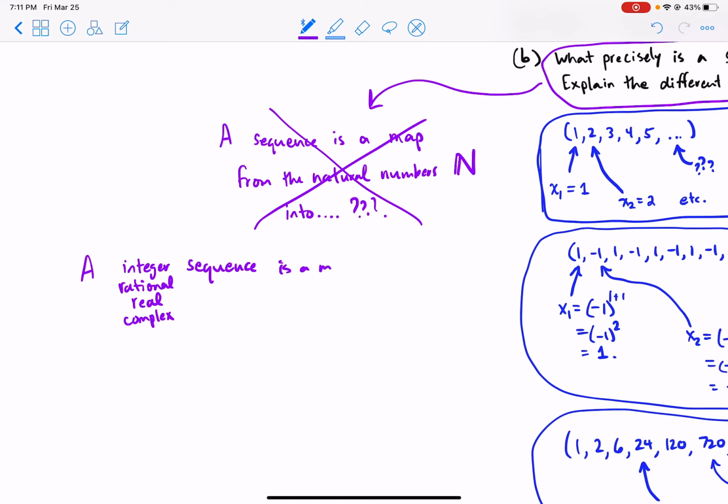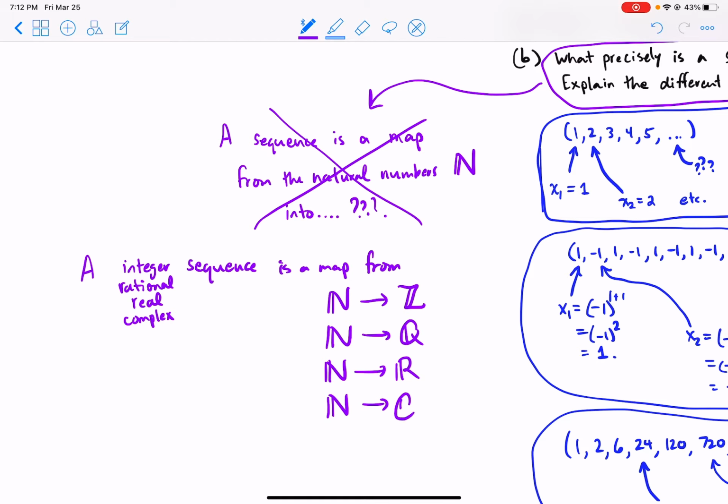A sequence is a map from N into, well, maybe the integers, or from N into the rational numbers, or from N into the real numbers, or from N into the complex numbers. We could call this map F. Maybe this one I'll call G, this one I'll call X, this one I'll call Z.